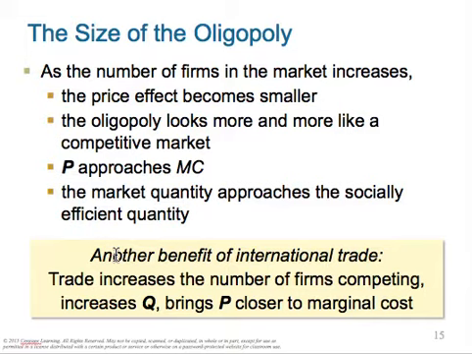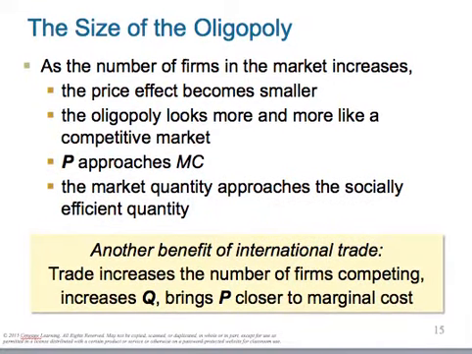Another benefit of international trade that we should throw in here is that trade increases the number of firms competing. Okay, you have domestic firms and you can have foreign firms, which increases the quantity and brings price closer to the marginal cost. So however you do it, increasing the number of firms in a market reduces the power of an oligopoly or a monopoly or whatever.